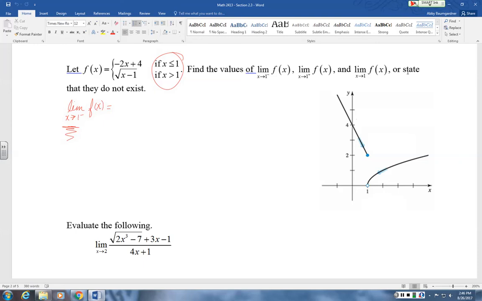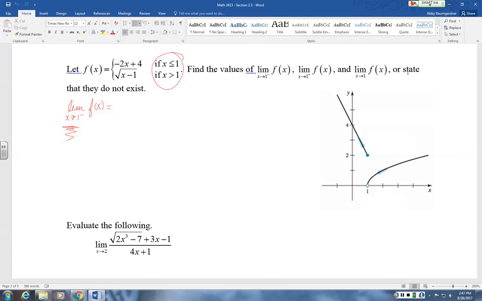Well, let's think of some numbers that are to the left of 1. That would be things like 0.75, 0, negative 17. All of those numbers are to the left of 1. If I were to plug them into this piecewise defined function, you don't plug into both pieces. In fact, you would only select one equation for which to evaluate those numbers.